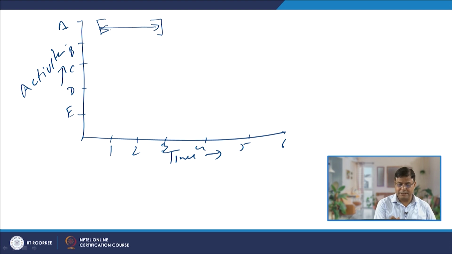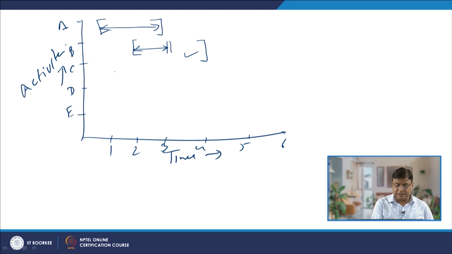This is how it is shown, and the arrow indicates that it has been completed. Say activity B started after the second time period and continues to the fourth time period, and the arrow is shown only up to a particular gap, which indicates that this is the portion of the activity which has been done and the rest is still to be done.